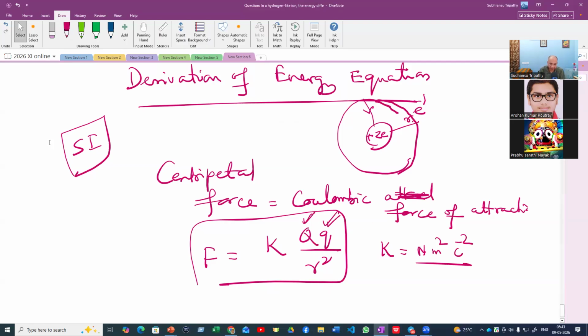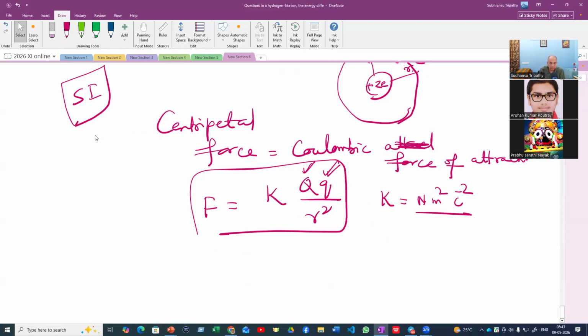So that is the unit of K. And in SI, K has a value 1 by 4 pi epsilon naught. Usually we take epsilon naught because it is in air or in empty space, which is nearly the same value. But if we change the medium, epsilon will change. So epsilon is the permittivity.